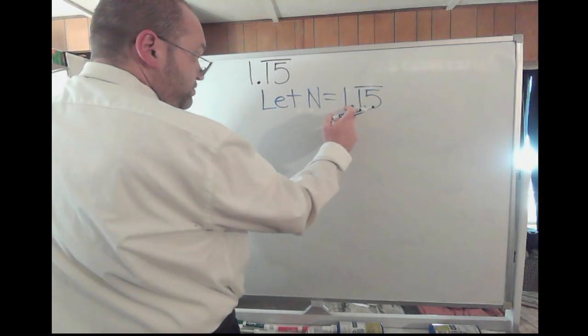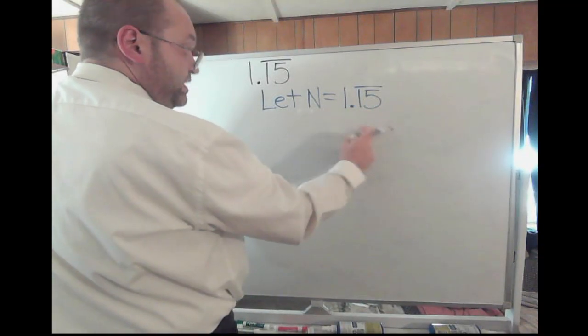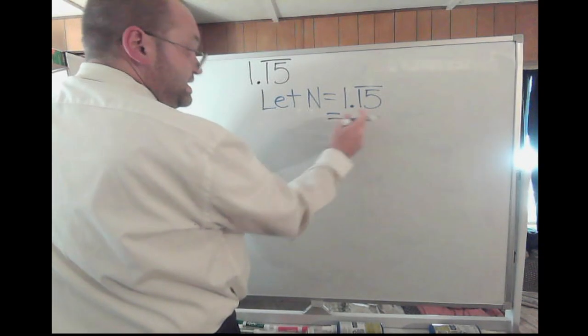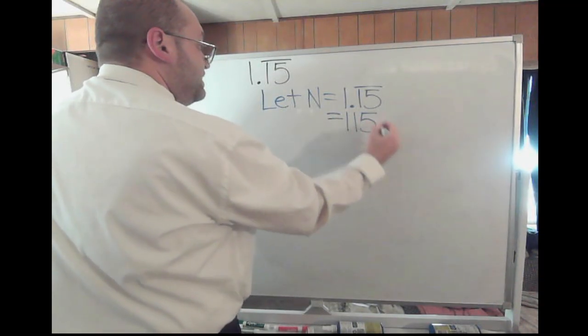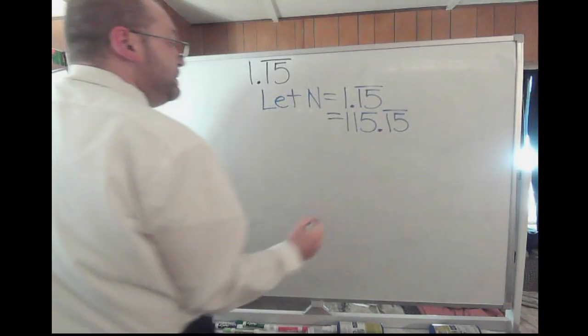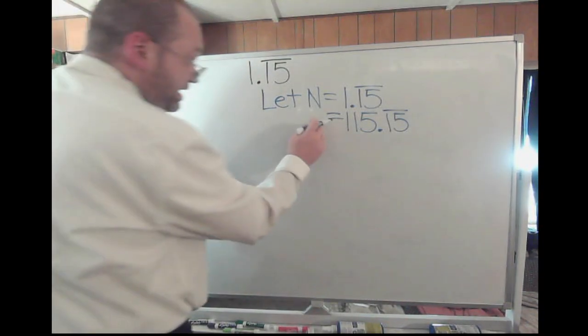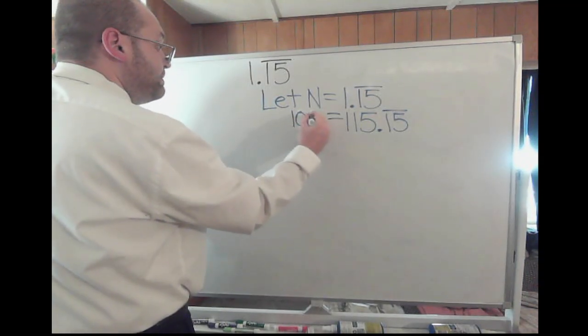So in order to move the decimal place to the right 2 decimal places, you have to multiply the right side by 100. If you do that, you'll end up getting 115.15. Okay? But what you do to the right, you gotta do to the left. So if you take n times 100, you'll just get 100n.